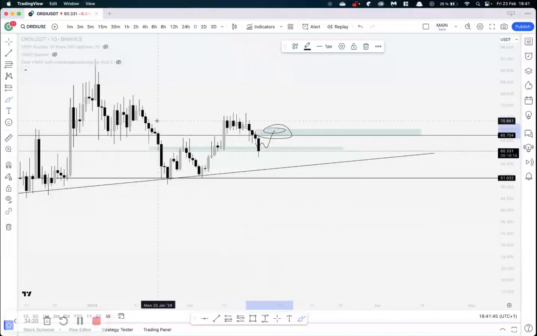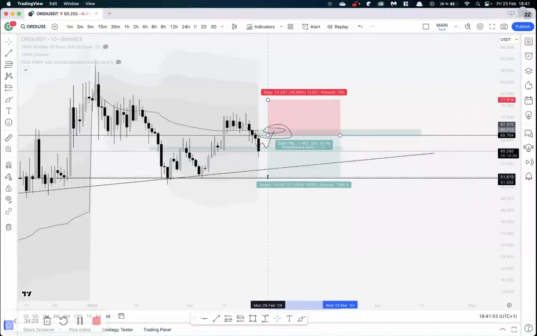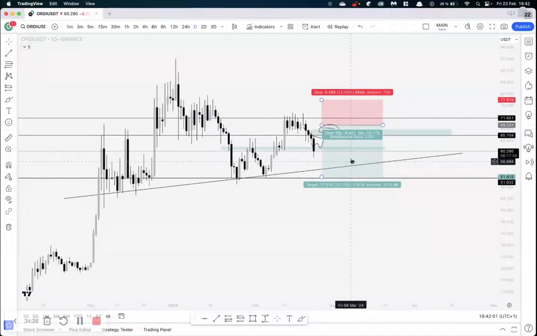Super risky though. You do your stop loss somewhere like this. You target these lows there, and then you'd DCA across here, which would pull your average entry to around up here. So yeah, that's the idea.